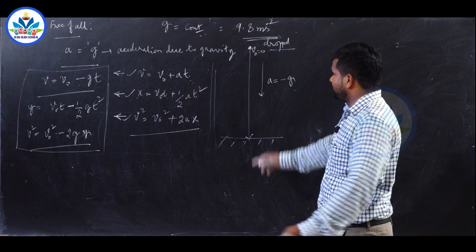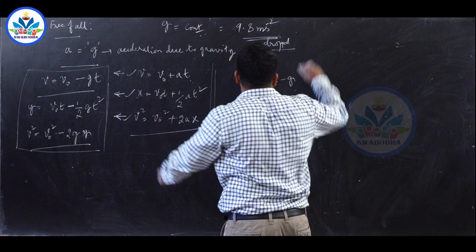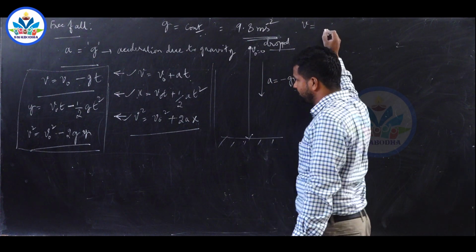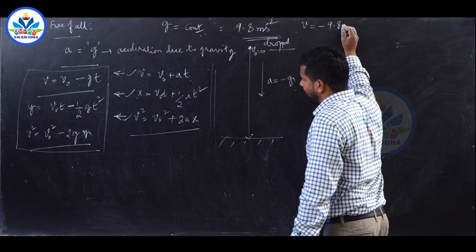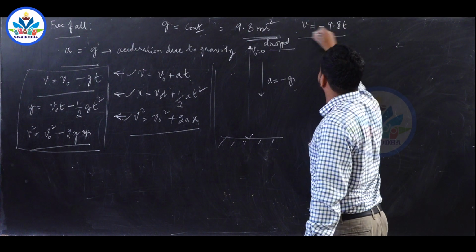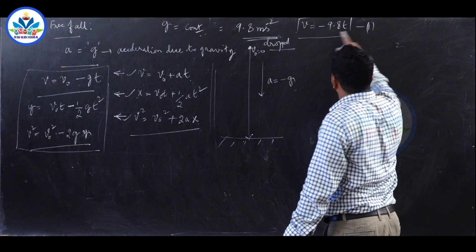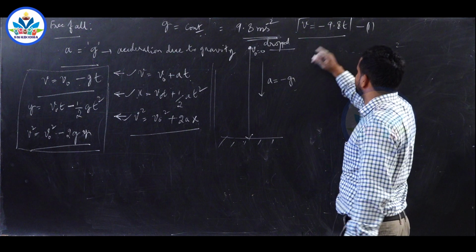Yes, for this case, the equations will be v equal to v naught, which is 0, minus 9.8 into t. Okay, this is one equation which tells you the variation of velocity with time.